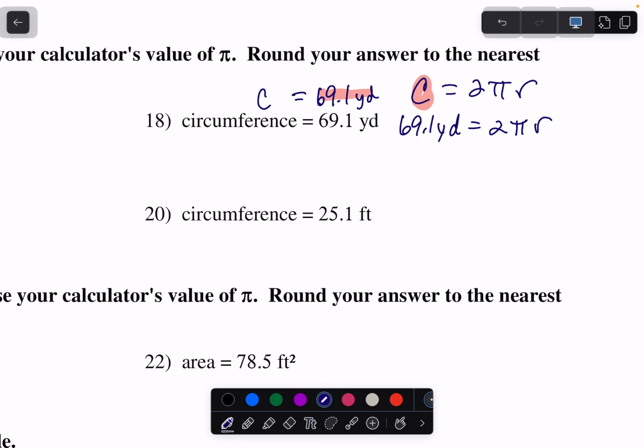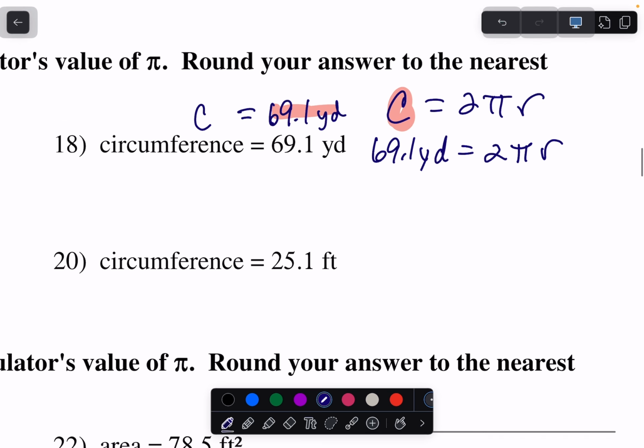Now, we just discussed that if we are multiplying the 2 and the pi times the r, that is how we got the circumference. So mathematically speaking, if we need to reverse it, all we have to do is divide off the 2, divide off the pi, and we will get the radius.